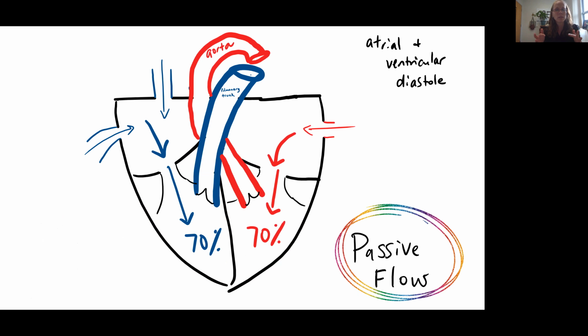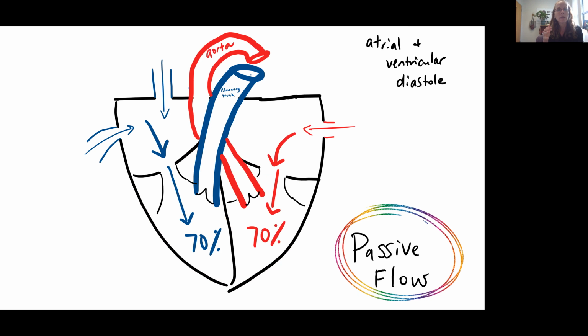So now we have this period called the passive filling time, where we have blood flowing from the body or from the lungs into the atria and straight down into the ventricles. Most of the blood that makes its way into the ventricle occurs here during the passive filling time. So like 70% of that total EDV is coming during this passive filling time.